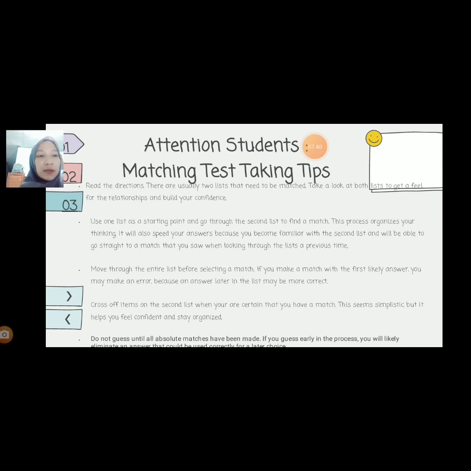This seems simplistic, but it helps you feel confident and stay organized. Do not guess until all absolute matches have been made. If you guess early in the process, you will likely eliminate answers that could be used correctly for a later choice.